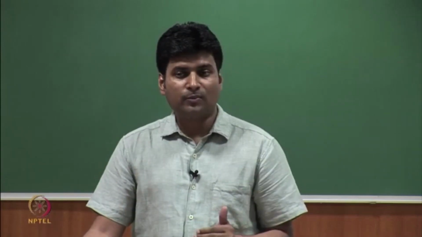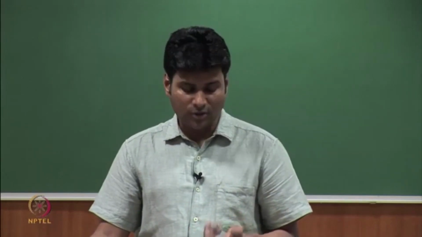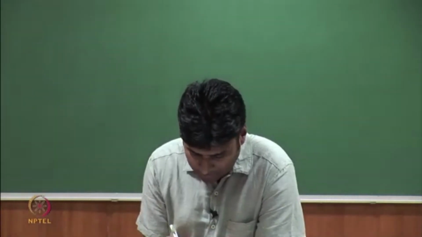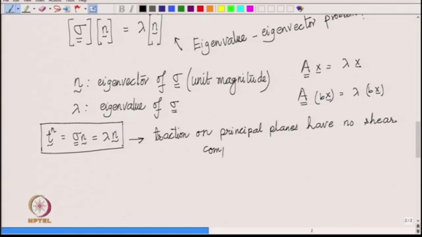The tractions on principal planes have only normal component, they have no shear component. This is what it says. So, this means the traction on principal planes have no shear component, because you can see it is along the normal.